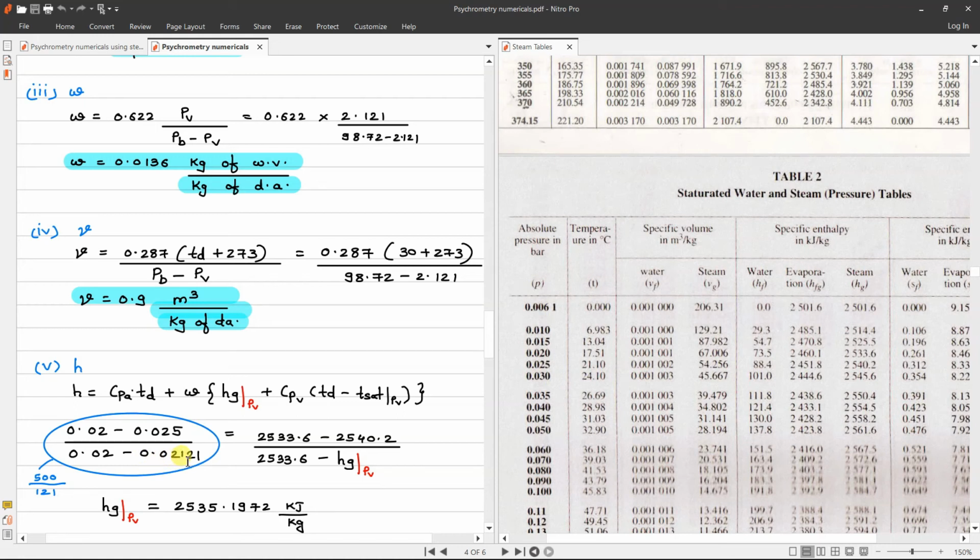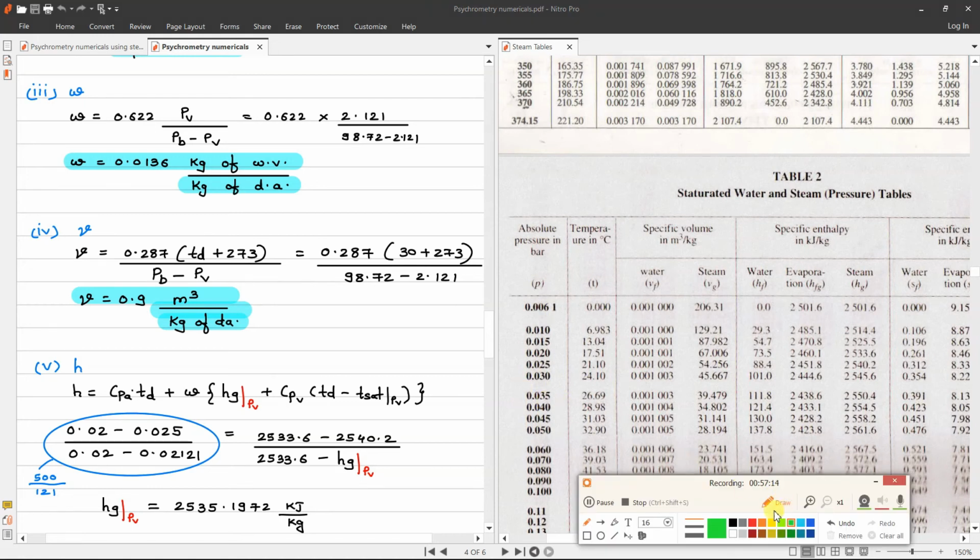Okay, what is this PV value? 0.02121 bar. Okay, so here I'll again highlight this. This is the 0.02 bar pressure value. For that Hg, it is written over here, and for 0.025 the Hg value is written over here.